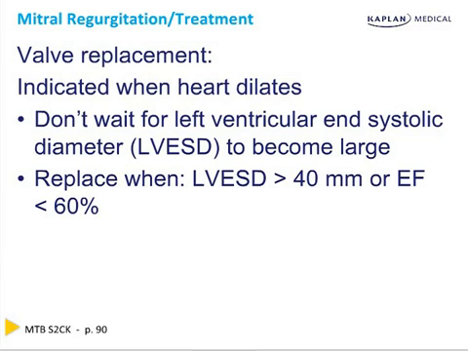We replace the valve when the end systolic diameter goes above 40, or the ejection fraction drops down to less than 60%. Now you might say, I thought 60% was a normal ejection fraction. It is, but not in a person who's got mitral regurgitation. In a person who's got mitral regurgitation, an ejection fraction of 57% is abnormal.